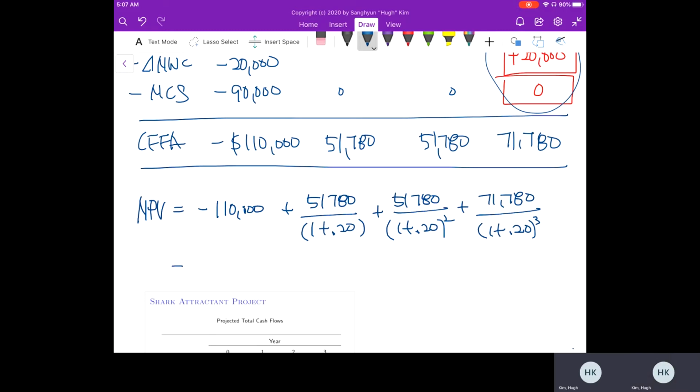If you compute this, we're going to get $10,648. So we should accept the project.